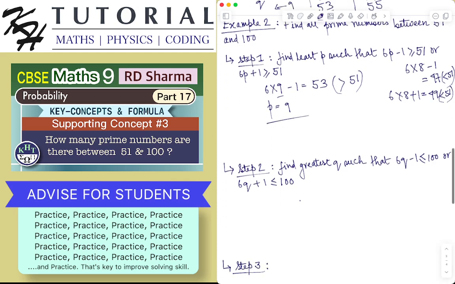Okay. Now what about q? We have to find the greatest q such that 6q minus 1 or 6q plus 1 is less than or equal to 100. So I know 6 multiplied by 16 is 96.